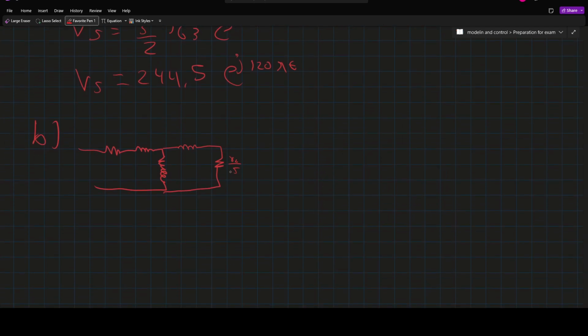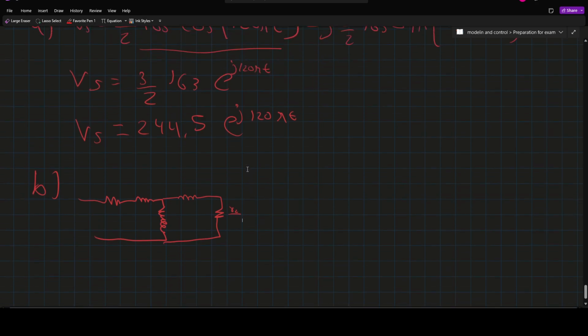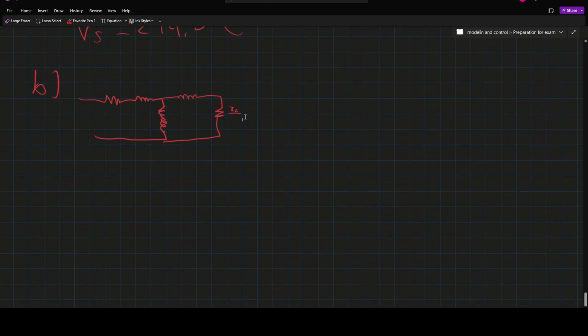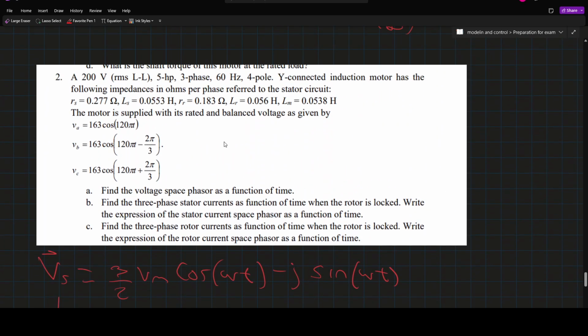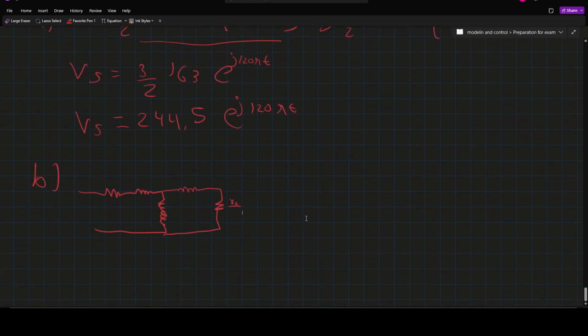So if our rotor is locked, we have S equal to 1. Okay, so that's what it means to have our rotor locked.